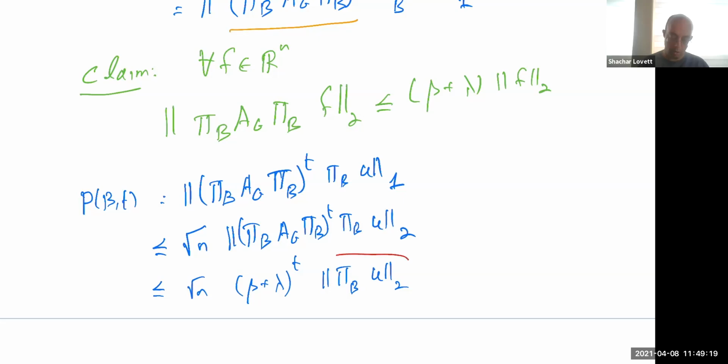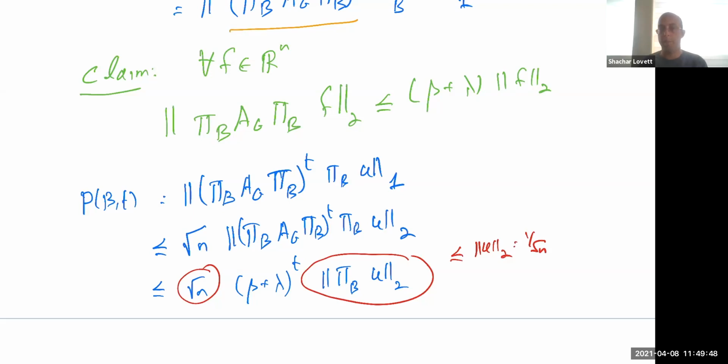This is smaller than the L2 norm of u, right? Because we just delete some coordinates in pi b, and u is just uniform, so its L2 norm is just 1 over root n. It's a vector of all 1 over n coordinates. So this 1 over root n exactly cancels this root n, and we get exactly the bound that we want, beta plus lambda to the t. Okay. So once we prove this claim, we're done with proving the theorem.